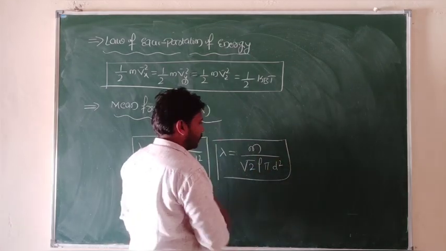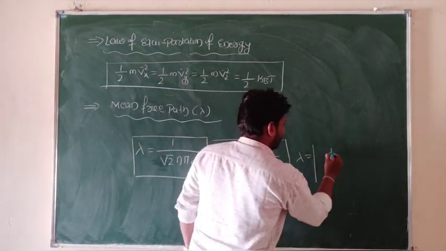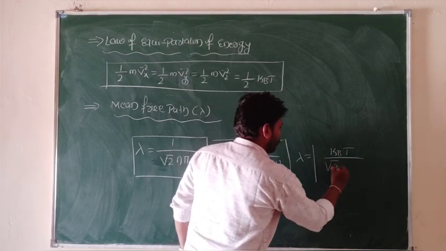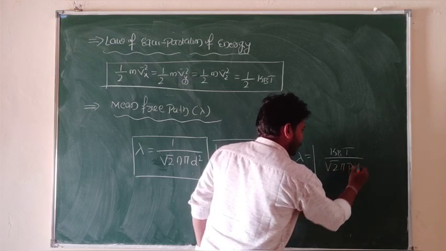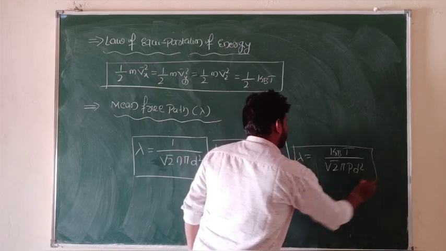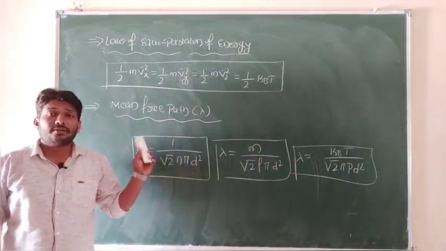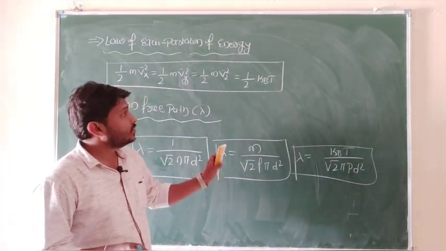And we have one more form, lambda equals kB into T divided by root 2 times pi into p into d square. These are all different forms of mean free path. Mean free path means the average distance traveled by the gas molecule between two successive collisions.